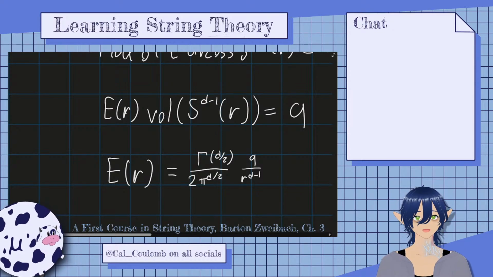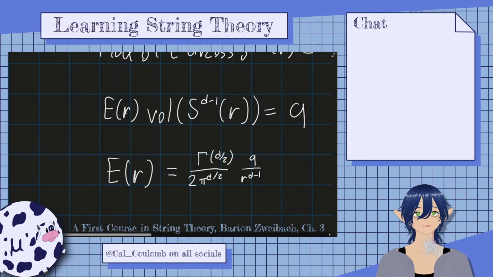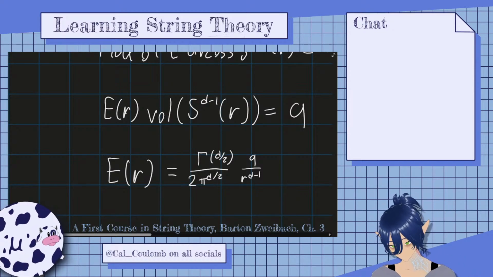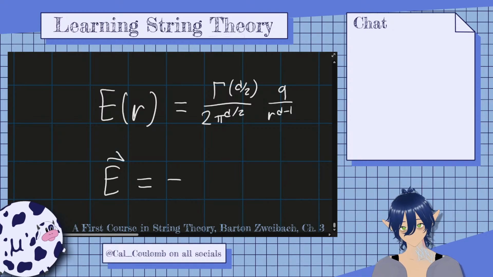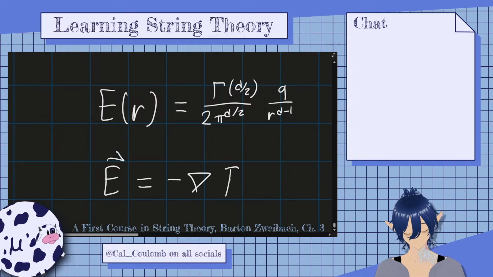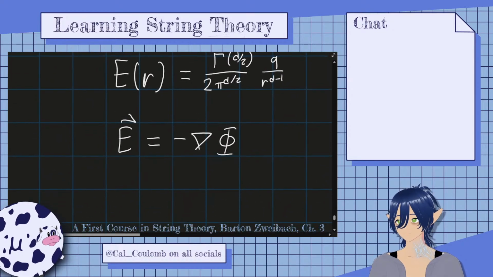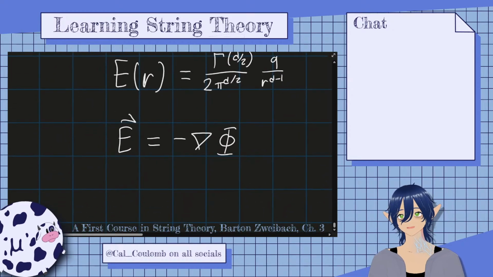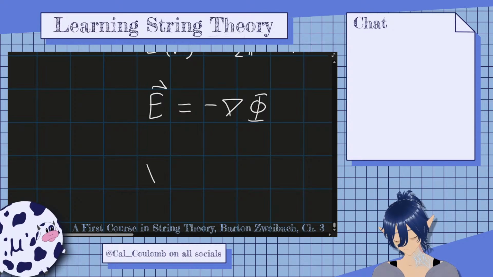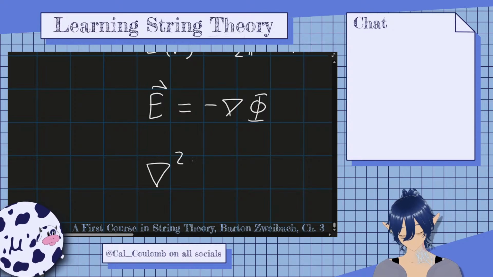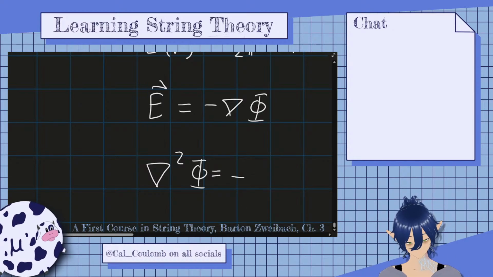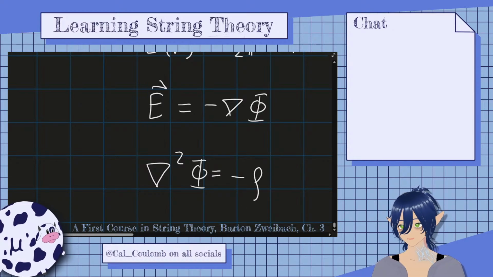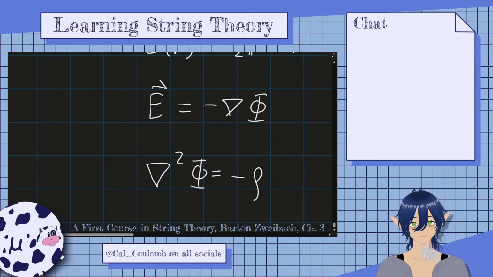For time-independent fields, 3.38 gives E is equal to minus the gradient of phi. This equation, together with Gauss's law, provides the Poisson equation. So del squared phi is equal to minus rho, the charge density, which can be used to calculate the potential due to a charge distribution.